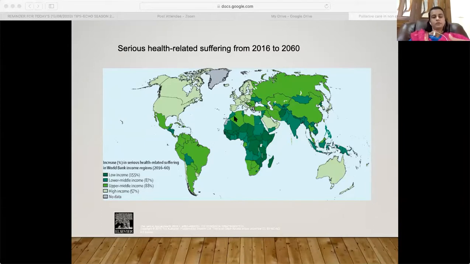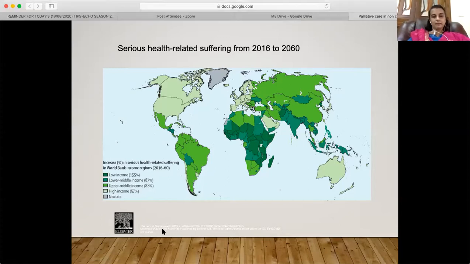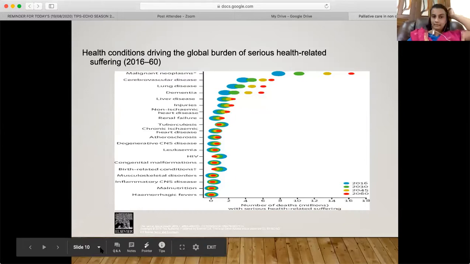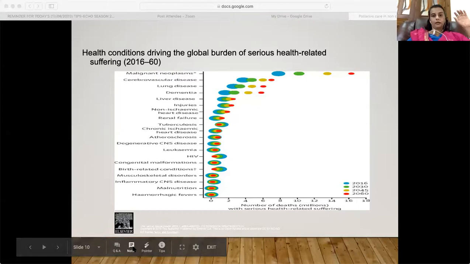So when we reach 2060, the percentage of patients that we have right now is known to drastically increase and change. So the need for palliative care becomes all the more relevant. And again, this is the same list that I told you about. Here you can see the number of patients who are dying because of the conditions mentioned.